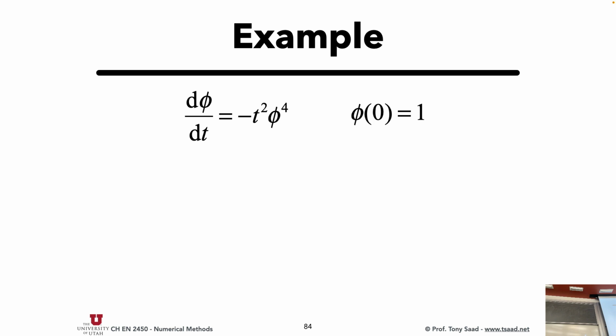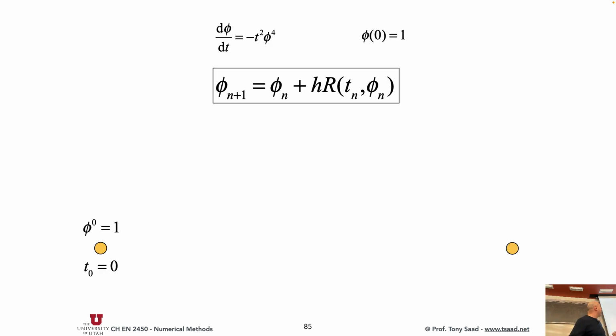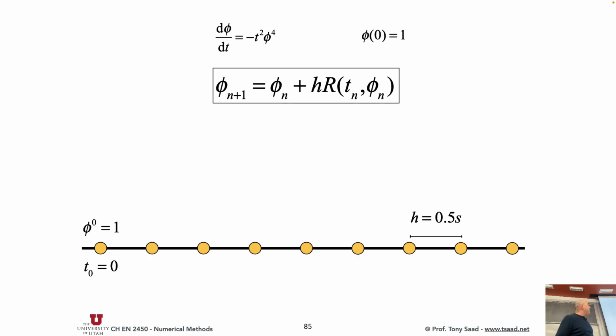So what I want you to do now is take this ODE: d phi by dt equals minus t squared phi to the power 4, with an initial condition of phi 0 equals 1, with the formula phi n plus 1 equals phi n plus h times the right-hand side of tn, phi n, with a time step of 0.5 seconds. So h is 0.5 seconds.